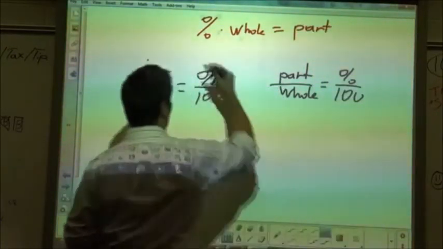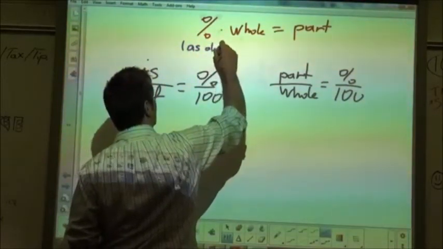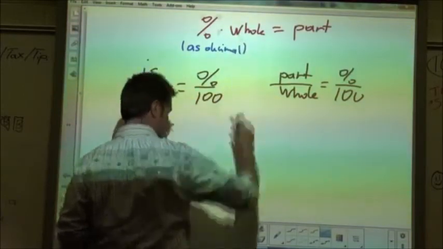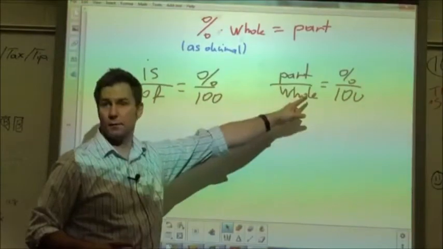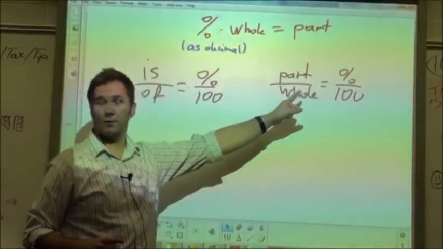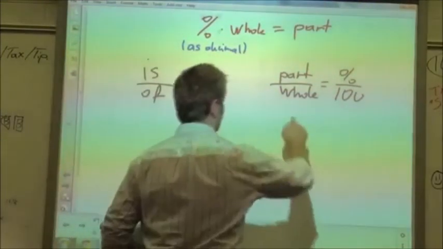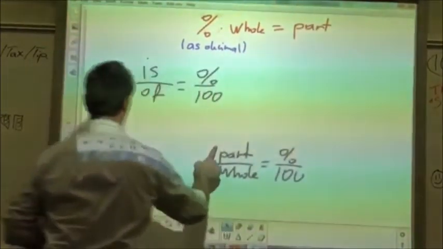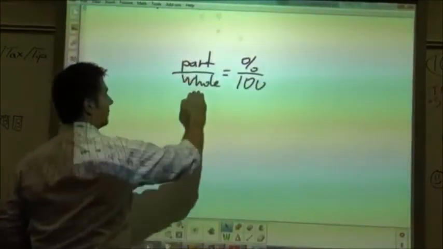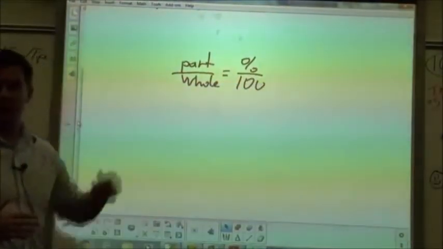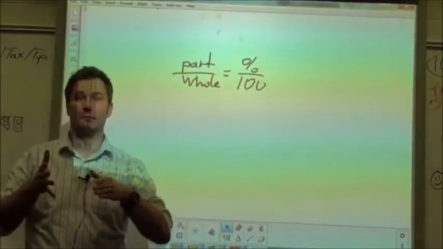But in our case, I would write the percent as a decimal. Right now I'm going to show you how to go from the first equation to the second. Would you like to know that? Okay. So let's move on. We have part over whole equals percent over 100. Now, percent over 100 is basically like turning percent into decimals.